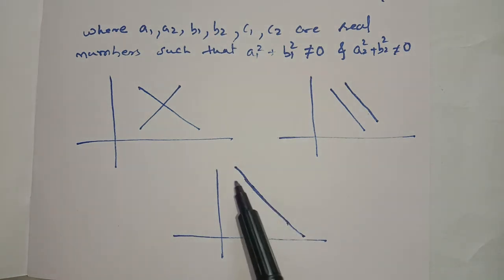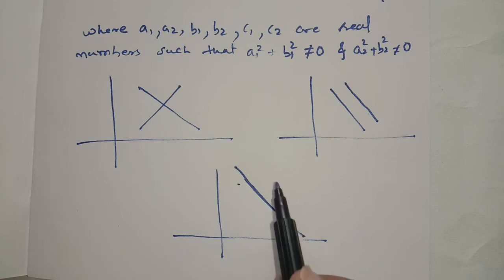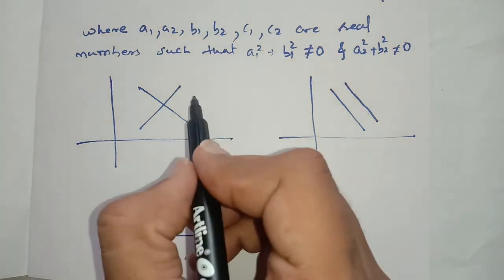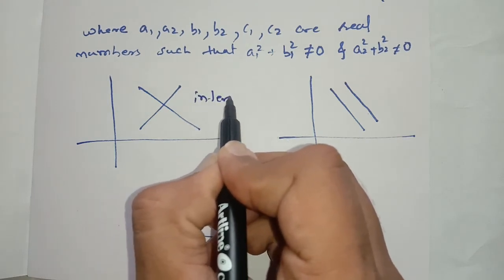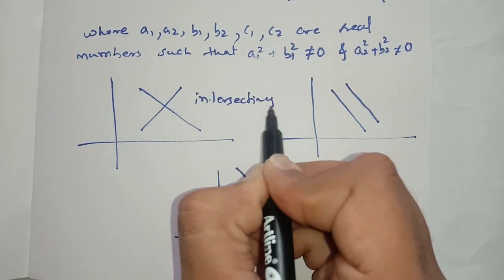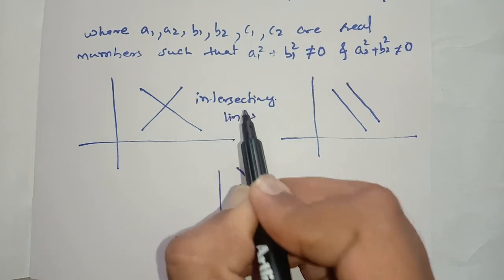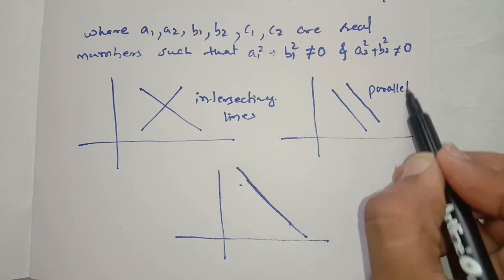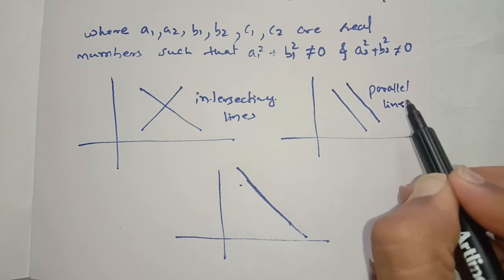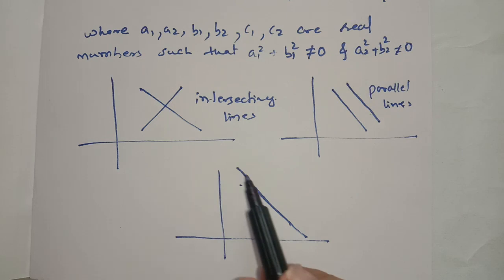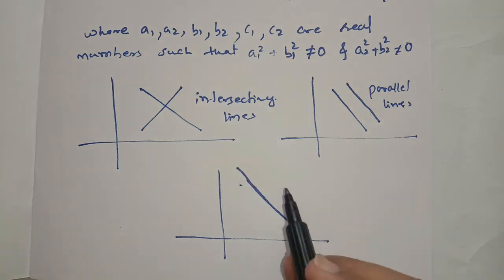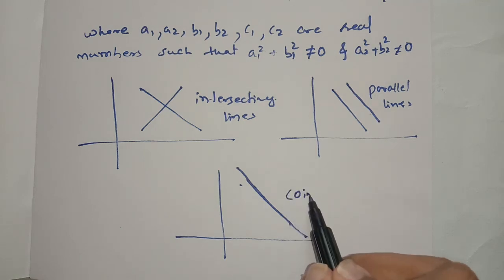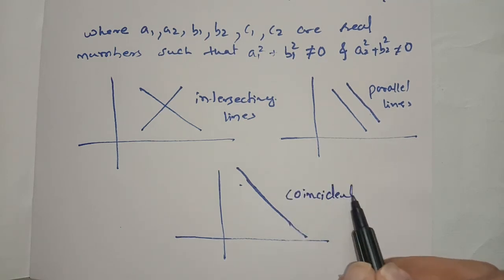Points are on the same line, so these are called coincident lines. This is called intersecting lines. These are called parallel lines if two lines come like this. If all the points are on the same line, these are called coincident lines.